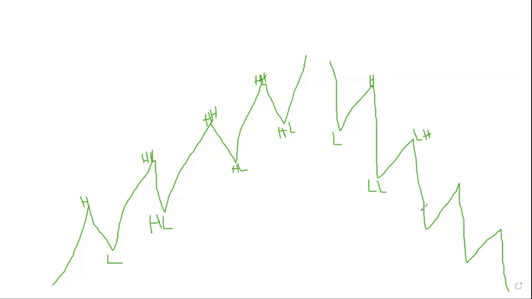So it pushes even lower and creates a new lower low, and it pulls back a bit and creates a new lower high. So market is going to continue and create a lower low and pull back a bit and create a lower high. So for a bearish trend, you're going to have a series of lower highs and lower lows.